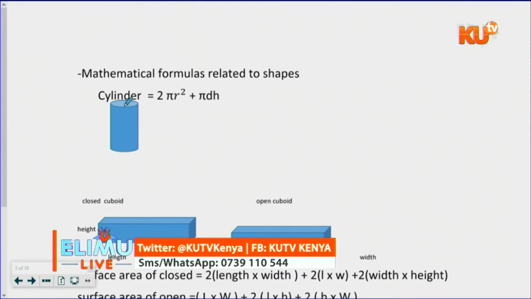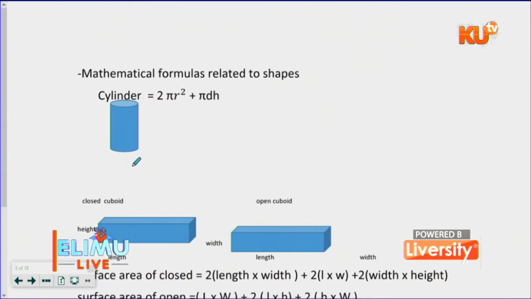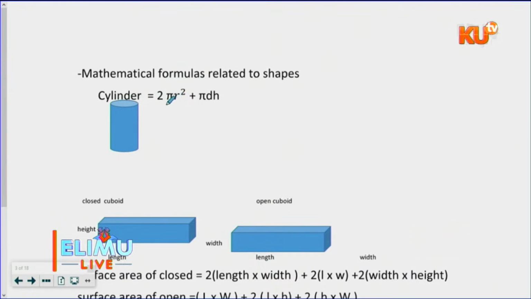So we have top and bottom. They are identical. These two shapes are the same. So this will give us the formula for the area of those two parts. Remember, for one of the parts we say pi r squared. That is the area of one circle.